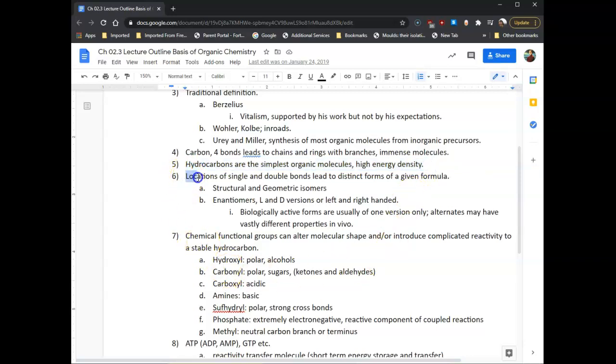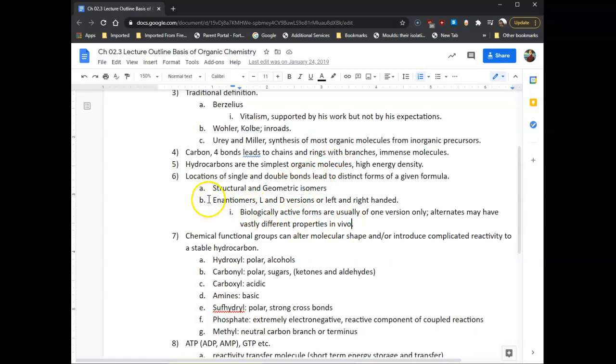We know that the locations of single and double bonds can lead to distinct forms of a given formula. That's what we mean by isomers. And then from that conversation, we talked about structural, which means just same formula, different arrangement, and geometric isomers, where the same formula, different arrangement is controlled by the presence of a double bond or triple bond or multiples of those.